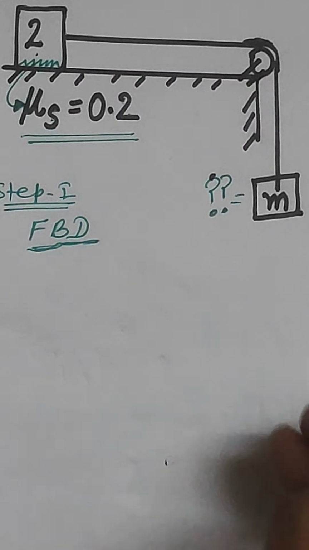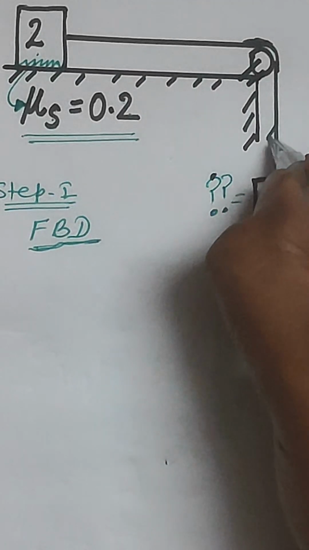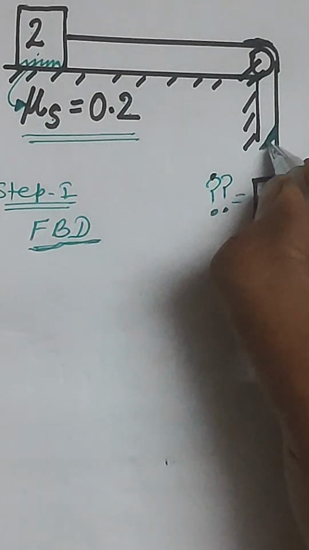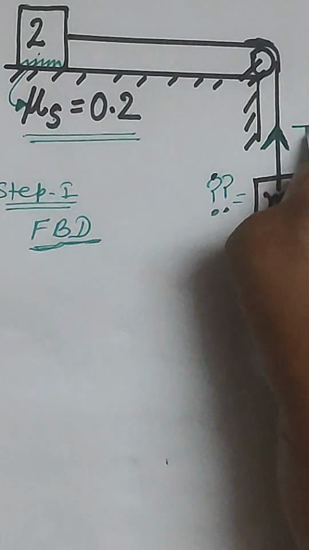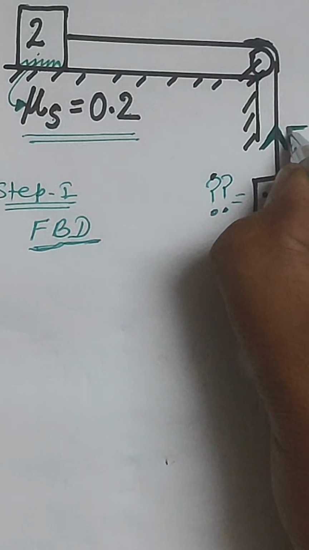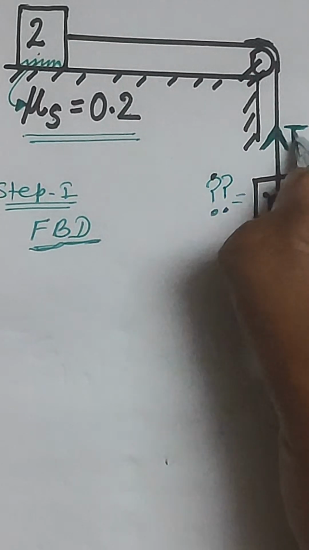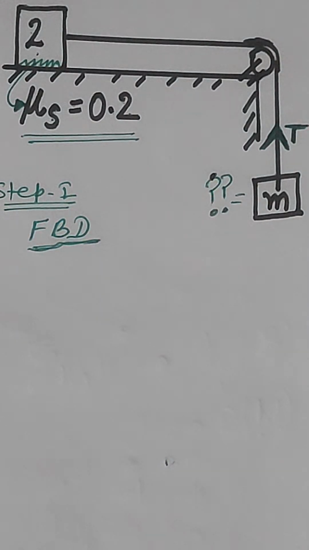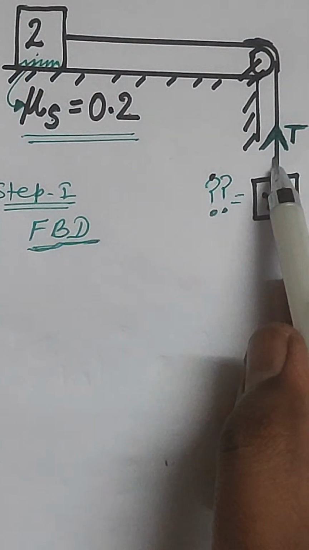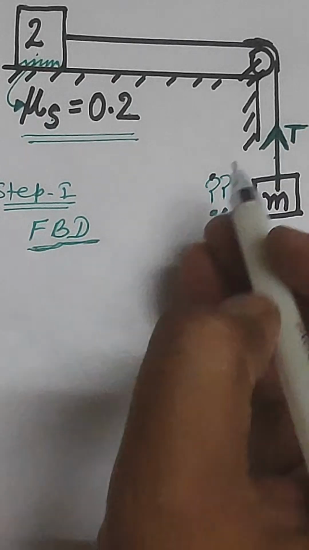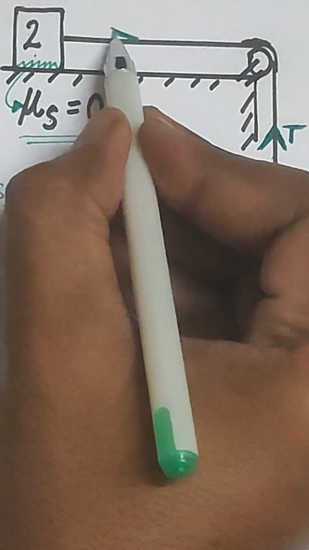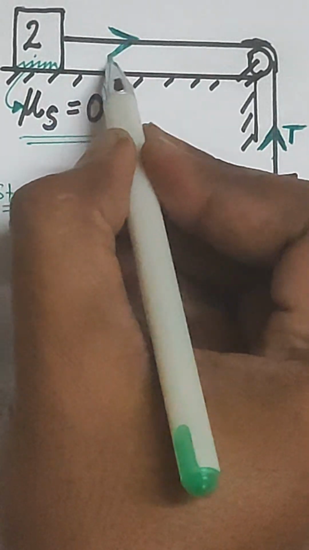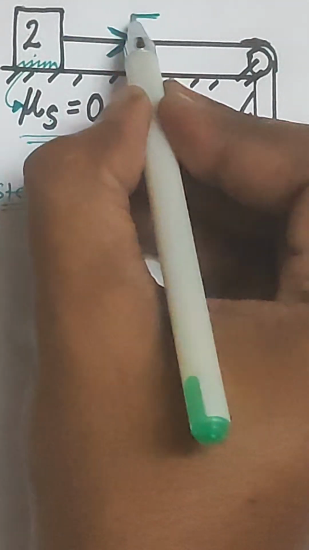Now let us say T is the tension in this string. This tension will be passing across this pulley and will be like this. So here also there will be a tension.